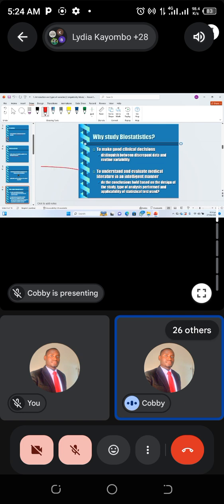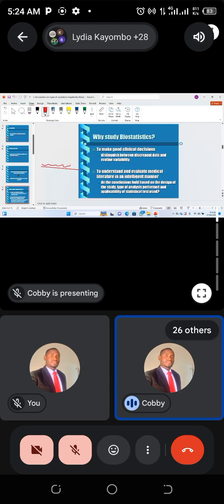Every time there is a curve of how the disease is in the population. Maybe for malaria, you find that you have a curve depending on the month. Sometimes it goes up, sometimes it comes down. So there is that range.